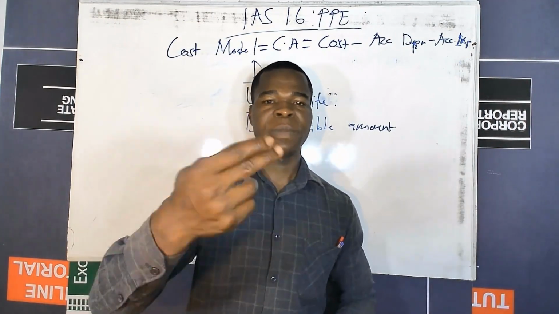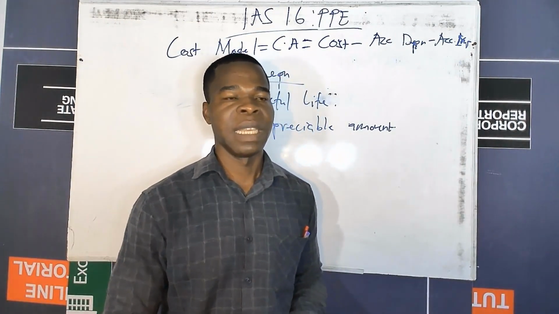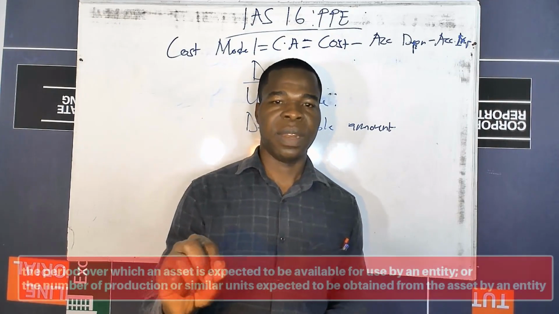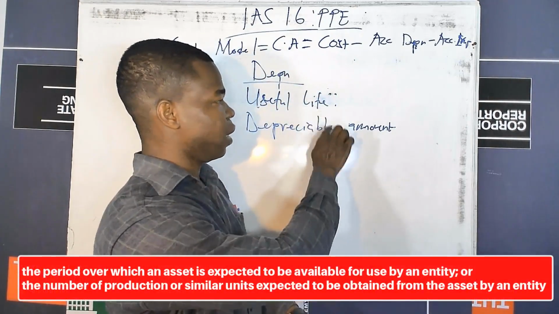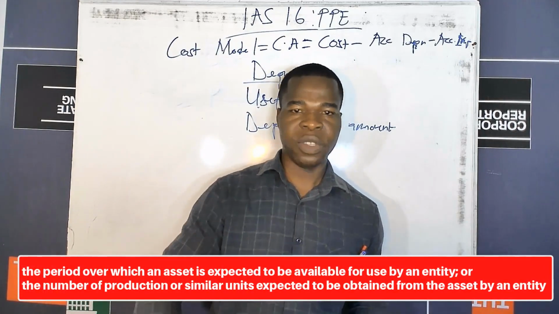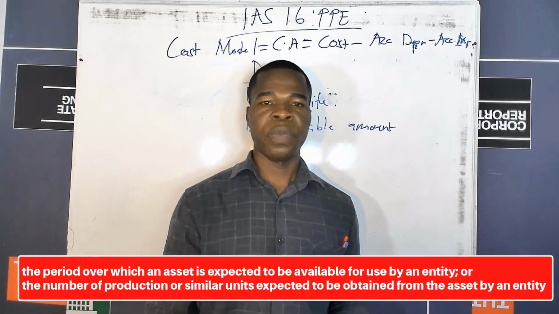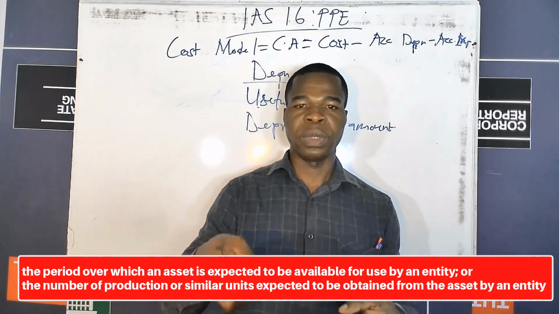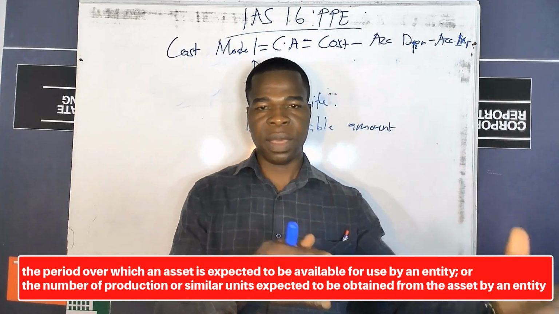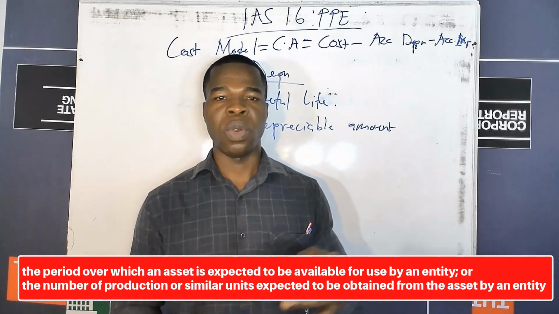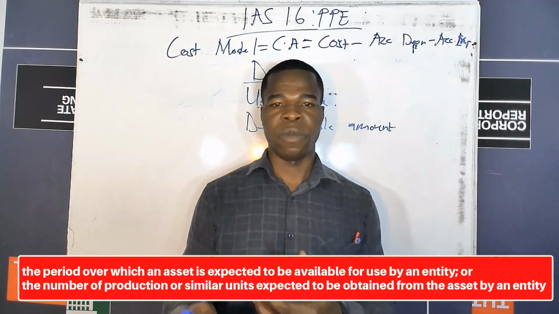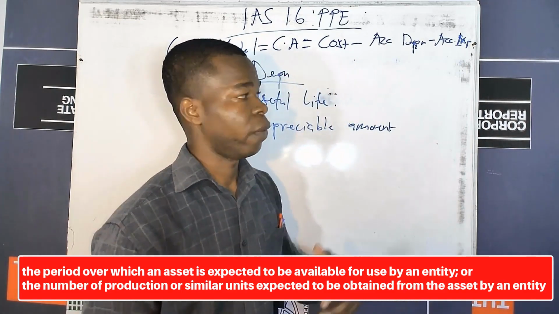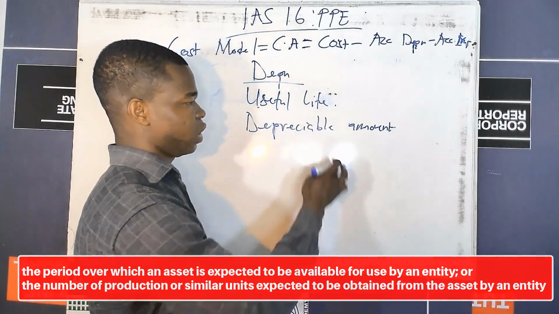We are also saying that it is either that period, or the number of production units or similar units that is expected to be obtained from the asset or from that item of PPE. That is basically the useful life.